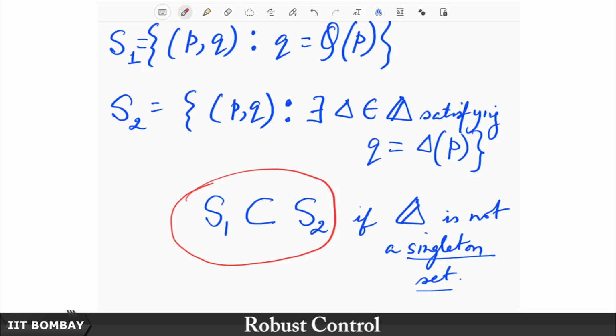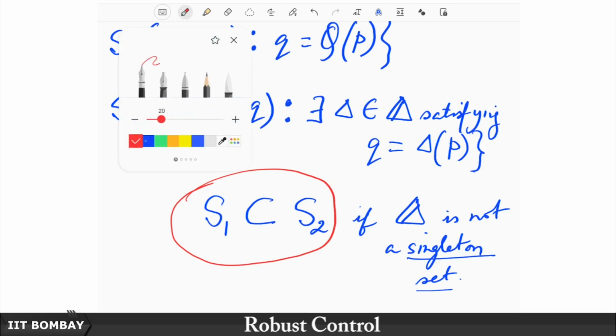What is the set S2 like? It is again a pair of signals. Of course, you cannot compare two sets unless they have similar type of objects in them, right? So, S2 is also a two tuple of signals, ordered pair of signals, such that for every P that you give to it, there exists some delta which leads to that same Q. Okay.